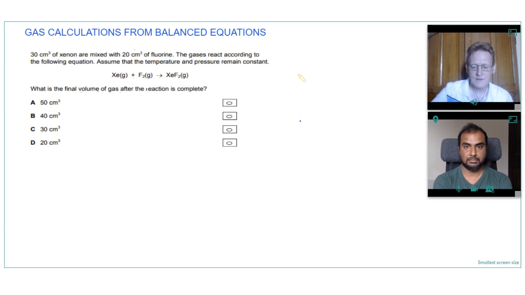So what I would always say with any calculation is do it under the equation. So I'll place the equation over here, stretch it out a bit.